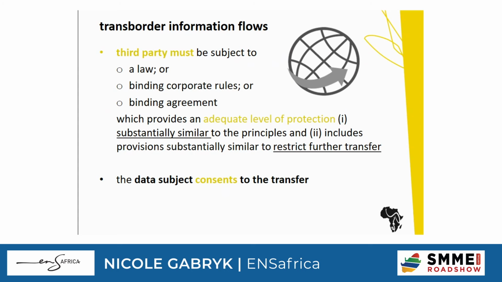Likewise, GDPR, which is a European-based data protection piece of legislation, only gives effect to the protection of European citizens. That means that South African citizens' information, for example, that is processed in South Africa and transferred to Europe, would not necessarily receive adequate protection. And so we need the regulator to give us adequacy decisions in the near future to help answer this question.